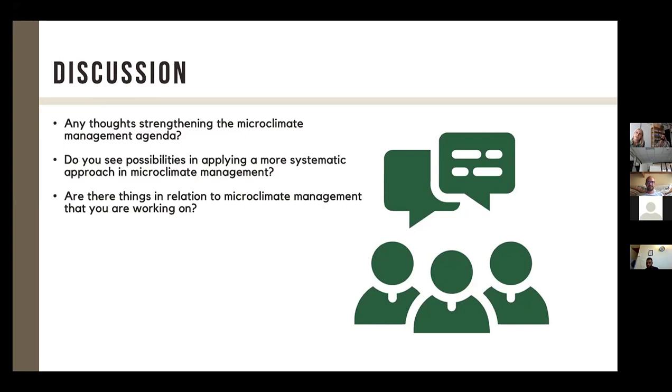Instead of these daunting messages that we hear every day about global temperature rise from 1.5 to 2 degrees, which we feel like we can do nothing about, there's this alternative narrative of microclimate management that, as Sean said, really gives everyone tools in their near environment to change this and to improve their local environment.